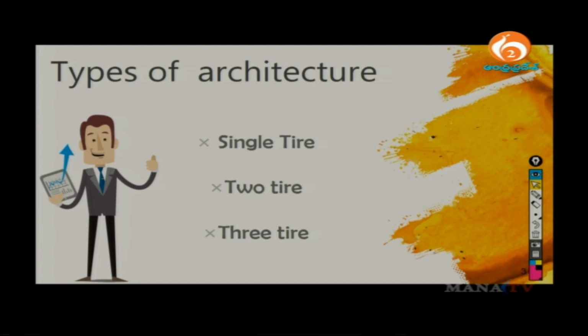Okay. Now, let me show you what the different architectures are in database applications. There are 3 database architectures in the market. If you see that slide, you will understand what architectures we have: single tier architecture, 2 tier architecture and 3 tier architecture.